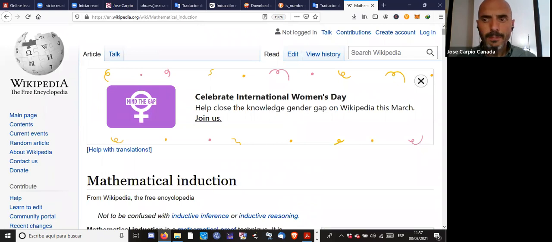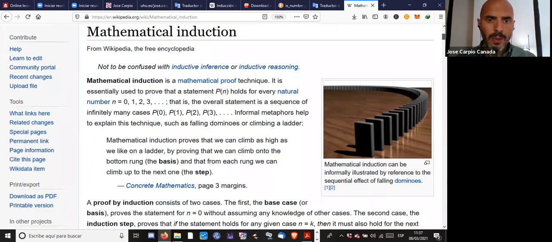Okay. Probably people from, we say in Spanish, letras o ciencias. You know what that means? People from letters or science.